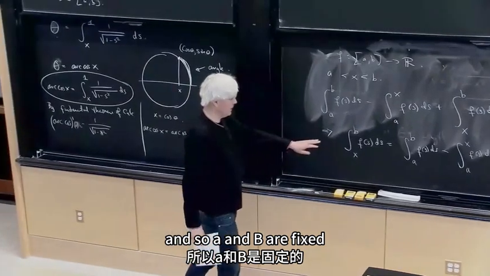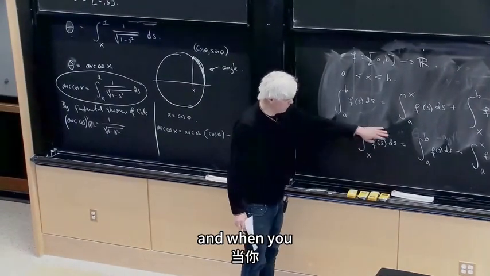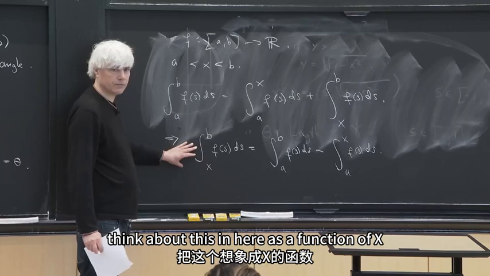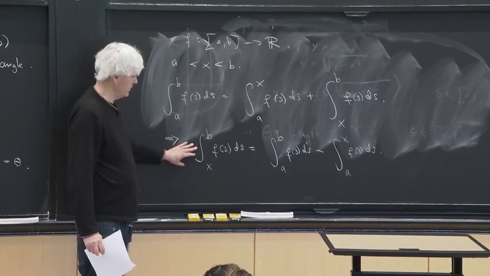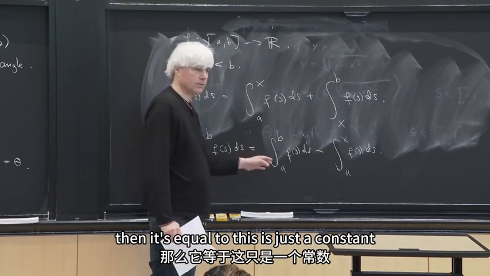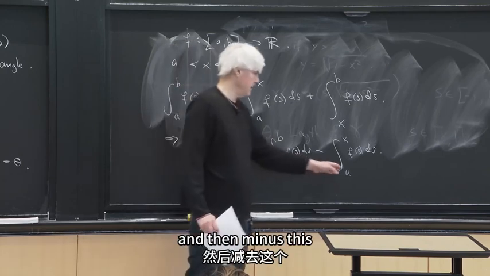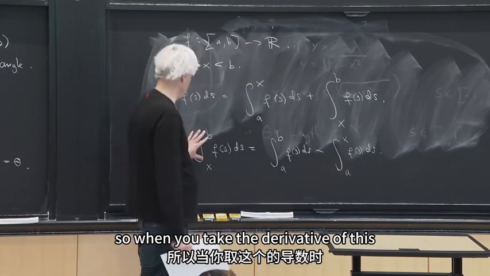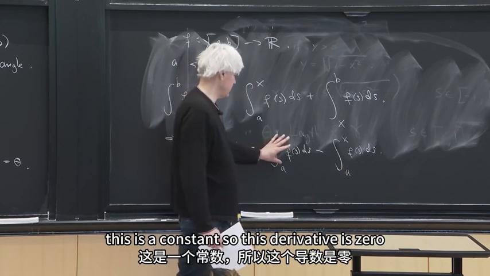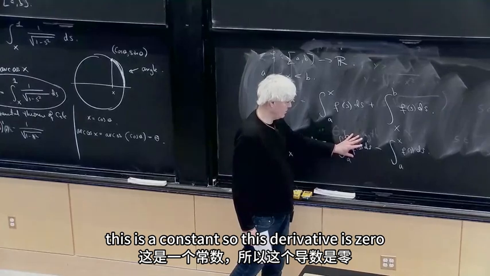And so a and b are fixed, and when you think about this as a function of x, this is just a constant, and then minus this. So when you take the derivative, this is a constant, so its derivative is 0.